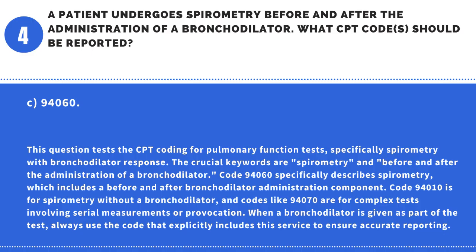Code 94010 is for spirometry without a bronchodilator, and codes like 94070 are for complex tests involving serial measurements or provocation. When a bronchodilator is given as part of the test, always use the code that explicitly includes this service to ensure accurate reporting.